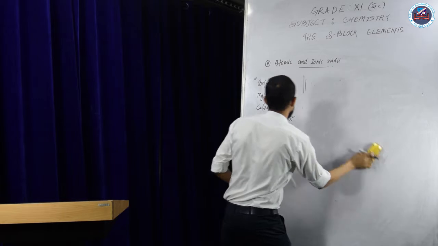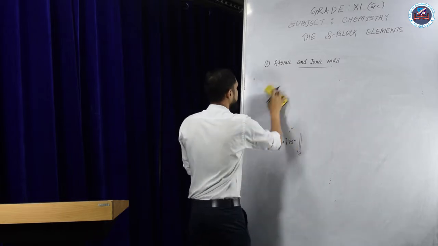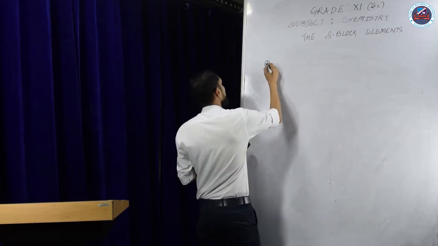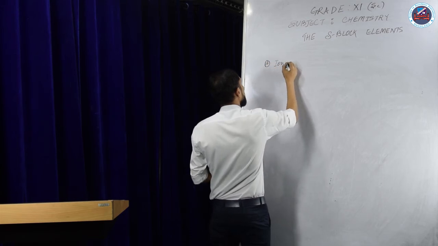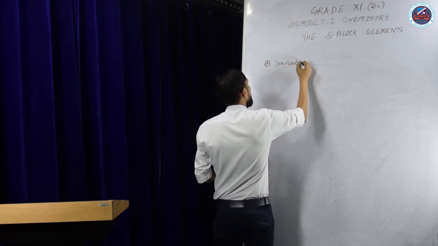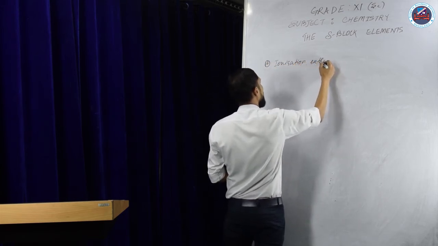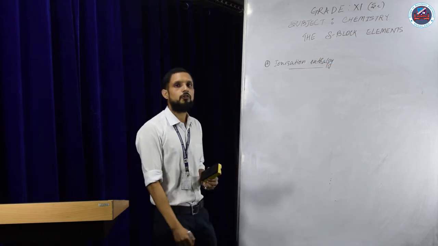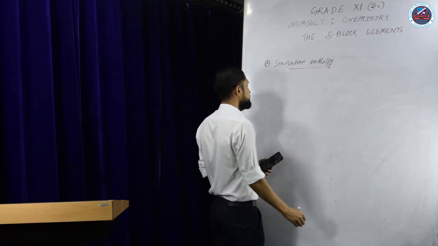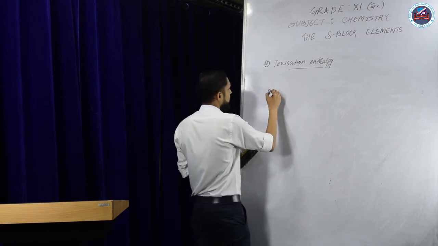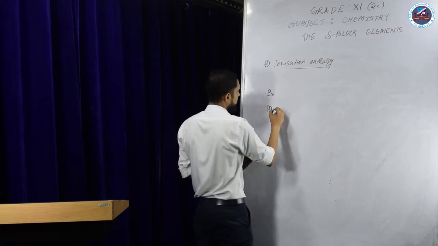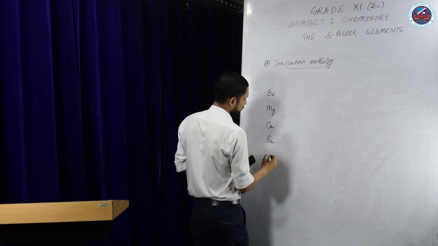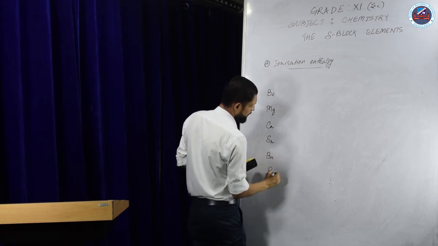Next, let us study the ionization enthalpy, or we can say ionization potential. So we already know ionization enthalpy is the energy required to remove an electron from the outermost shell. So beryllium, magnesium, calcium, strontium, barium and radium.